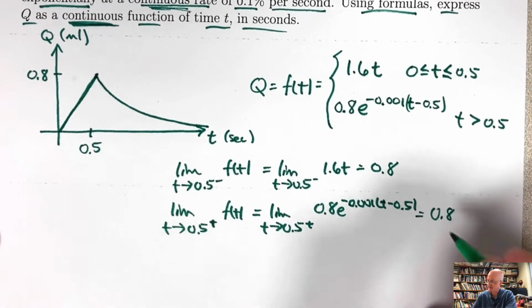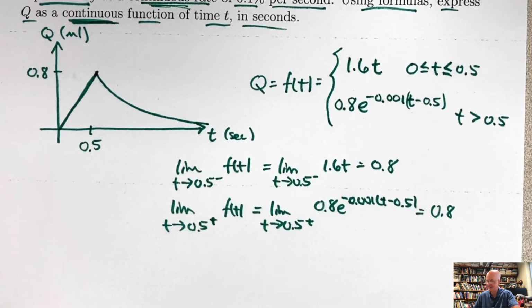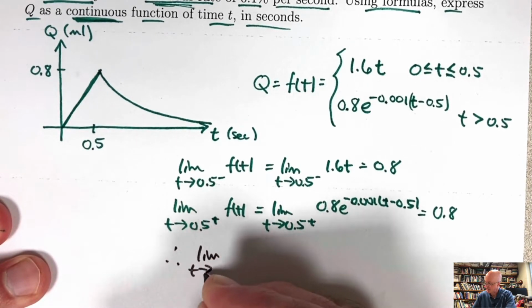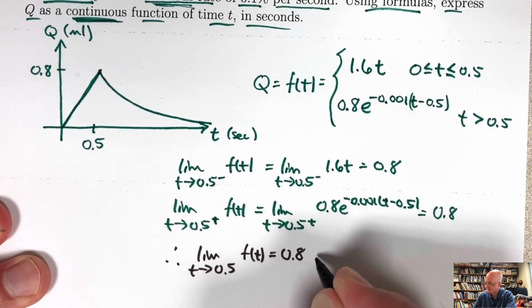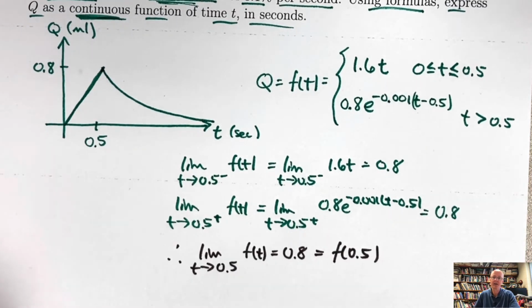So these two one-sided limits are the same. Therefore, the two-sided limit also exists and equals that same number, 0.8, and that is the function value at 0.5. This is certainly a continuous function at 0.5 and in fact everywhere.